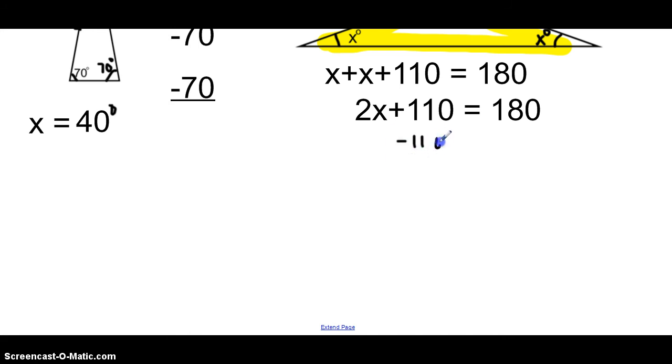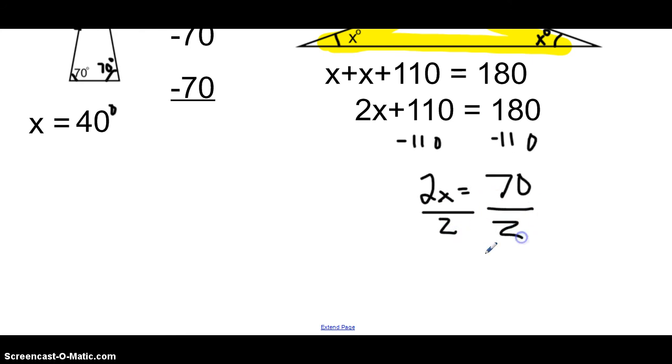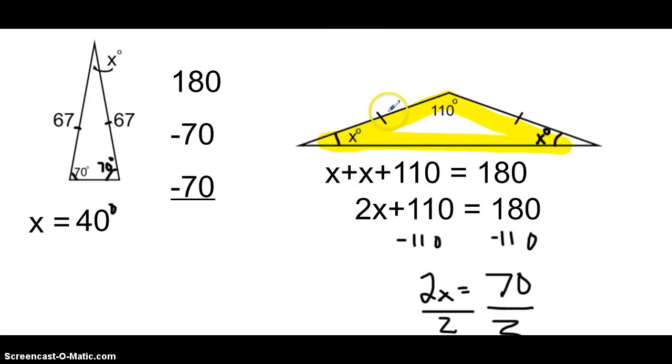Subtracting 110 leaves us with 2x is equal to 70, and then dividing by 2, x equals 35 degrees.